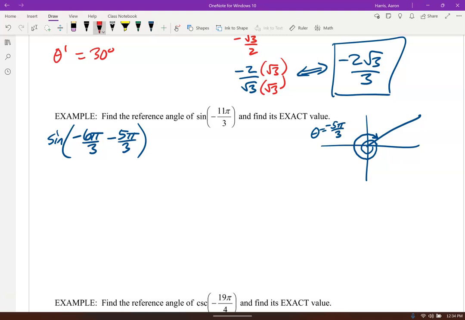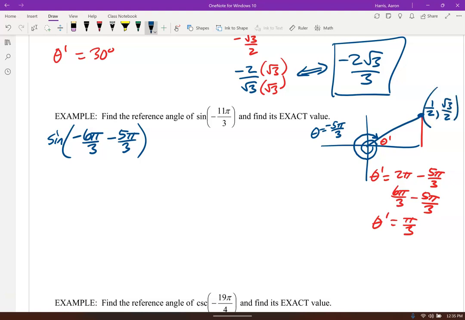And so your reference angle, theta prime, would be 2 pi minus that 5 pi thirds. So 6 pi thirds minus the 5 pi thirds, or pi thirds, which is 60 degrees. So it's at 1/2 square root of 3 over 2. And so the sine would be the y value, the root 3 over 2.